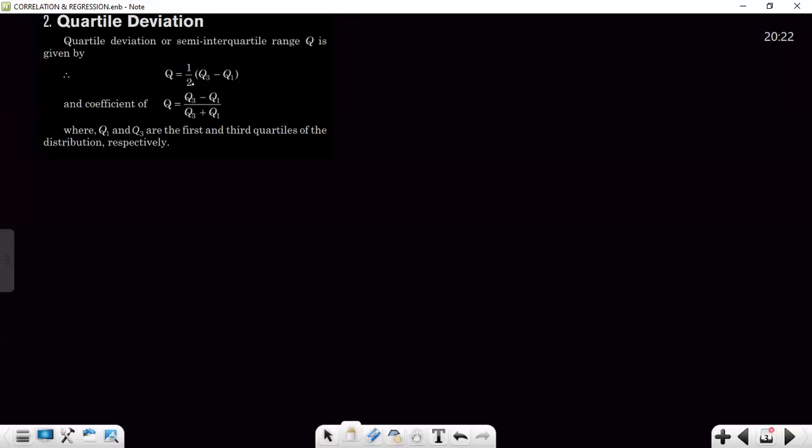Let's take an example then. Q1 is actually the lower quartile and Q3 is the upper quartile.